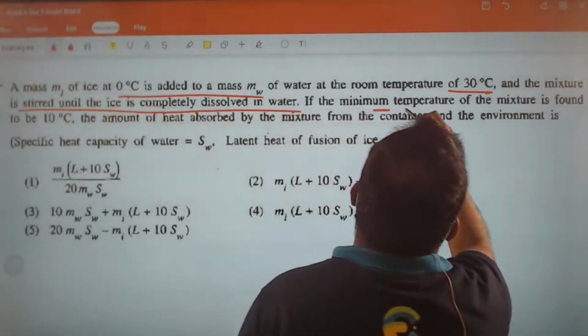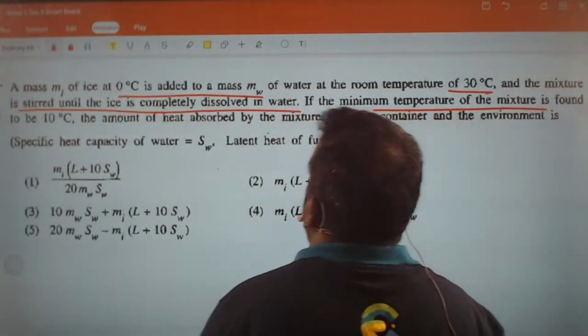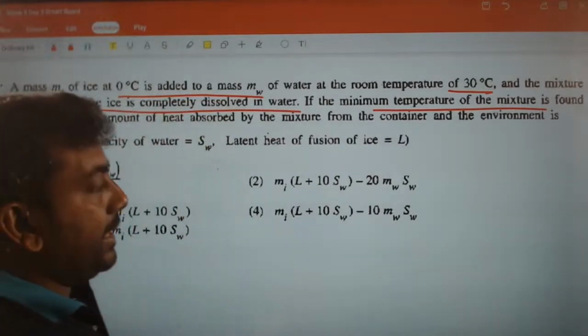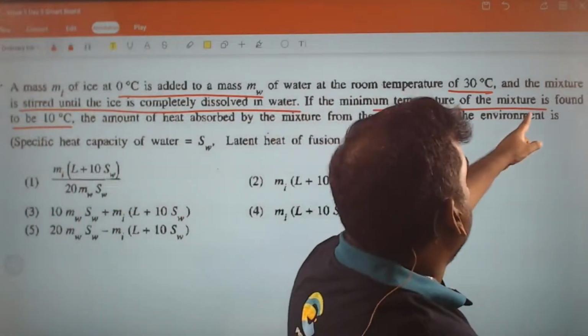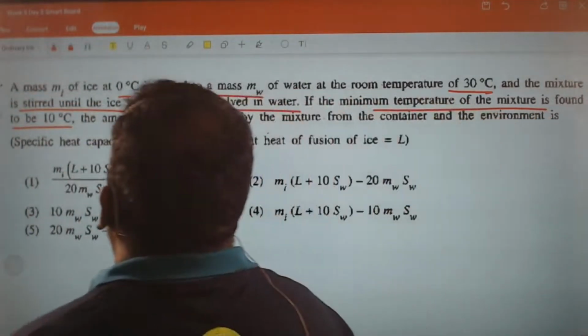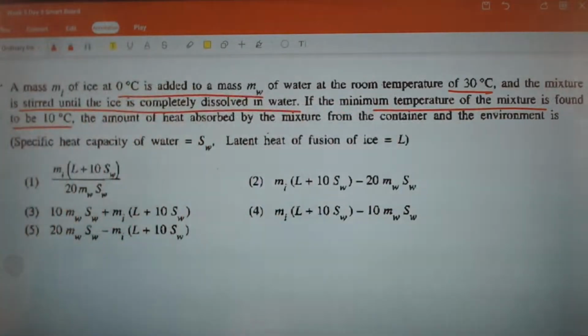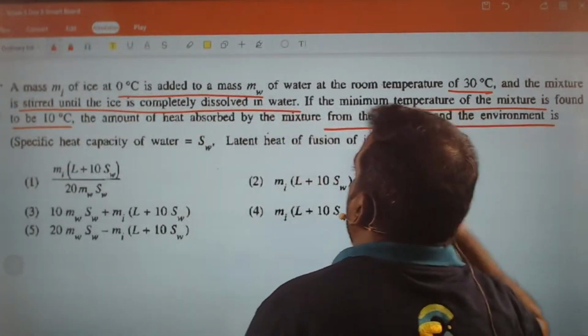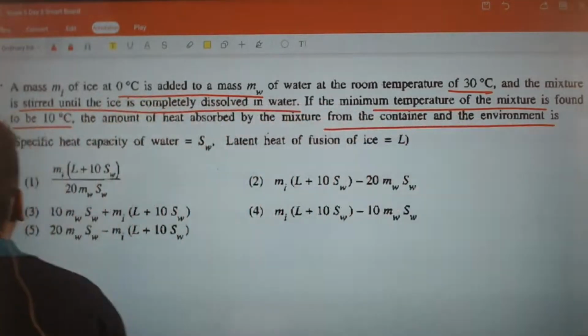If the minimum temperature of the mixture is found to be 10 degrees Celsius, the amount of heat absorbed by the mixture from the container and the environment takes, look at the board carefully.